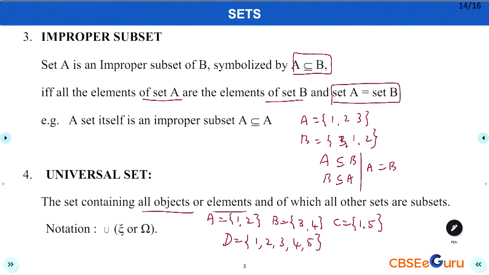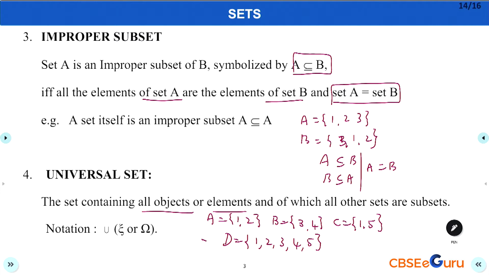See the example: A has 1 and 2, so A is a subset of D. B has some other 2 elements that also belong to D, and C equal to {1, 5} is also in D. D is a superset of A, B and C, and hence we can say D is a universal set. Again read the definition: a set containing all objects or elements and of which all other sets are subsets. Yes, A, B, C are all subsets of D and hence D is a universal set.